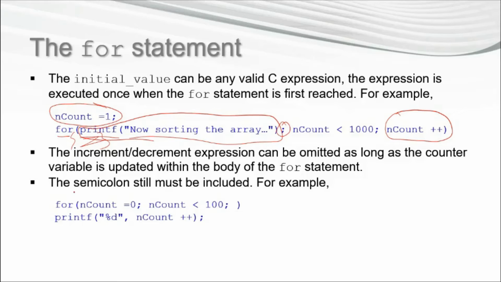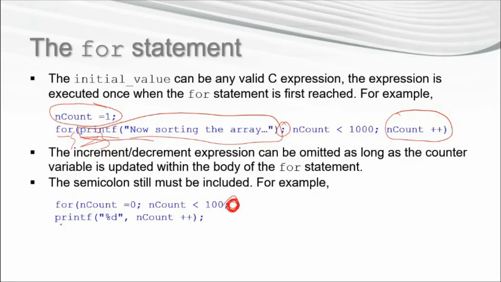But still the semicolon must be included. As an example, for n count equal to 0, n count less than 100, semicolon, then here the increment had to be there. The increment is supposed to be here.